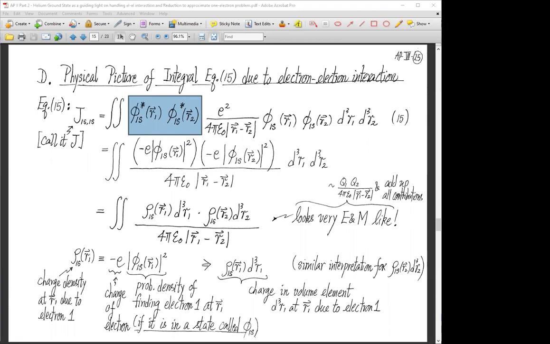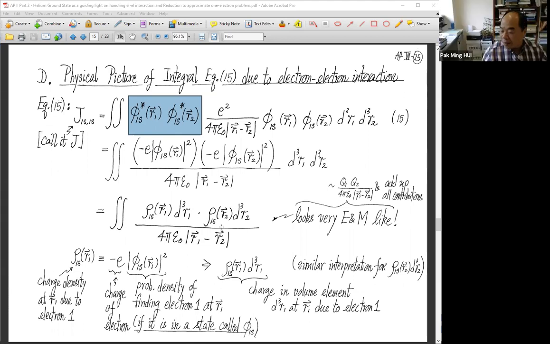Just to consolidate what we discussed. Because we are pretending the 2 electron wave function is or can be written as a product of single electron wave functions. So this is the form. One electron in 1s and the second electron also in 1s.